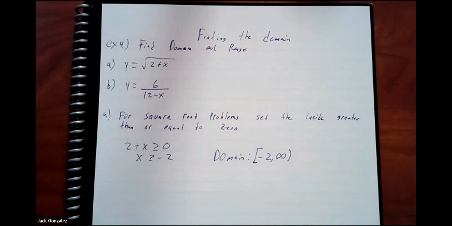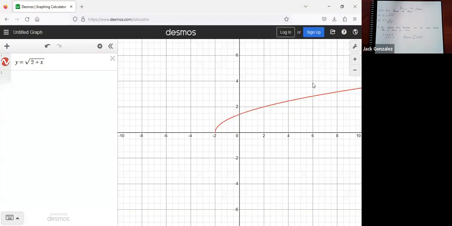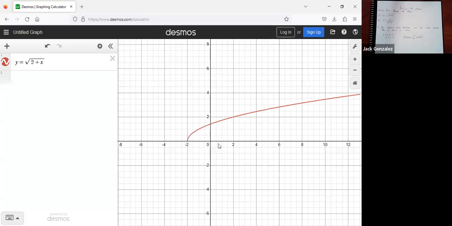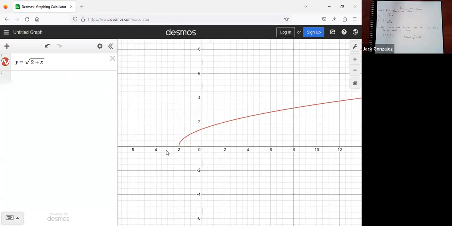If you graph it, you can also tell pretty quickly. So here's the function, the square root of 2 plus x.